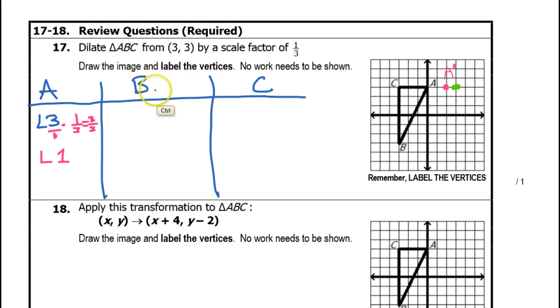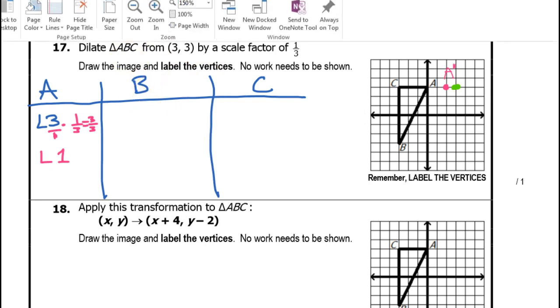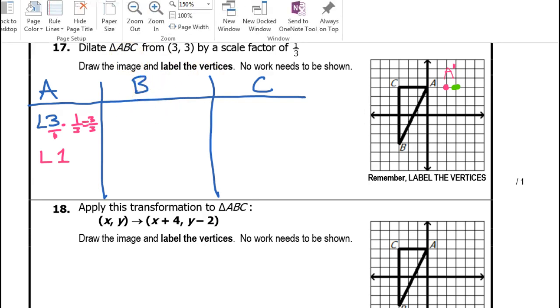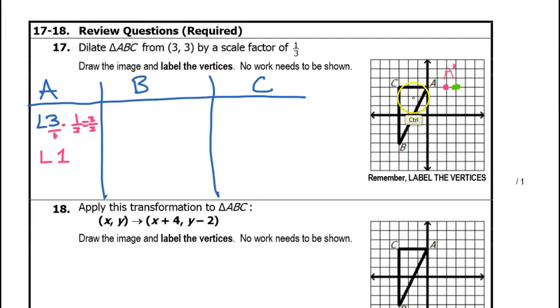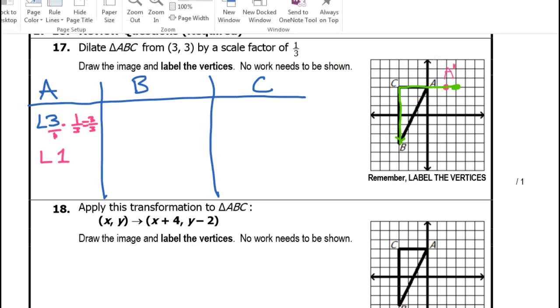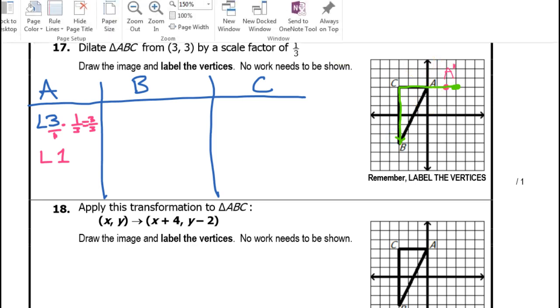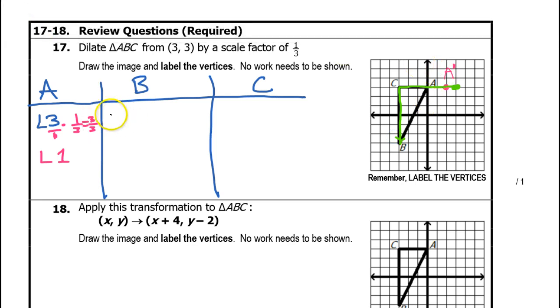Now let's do B. To get to point B, I would have to go left and then down. Now I'll have to go back and count exactly how much left and down I went.